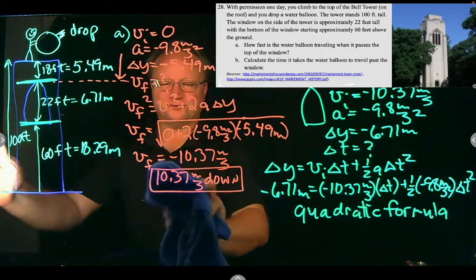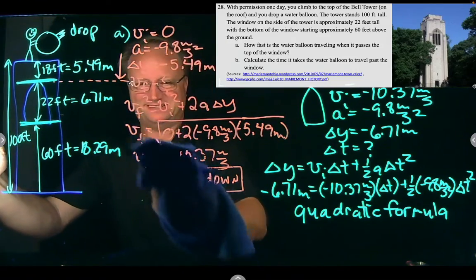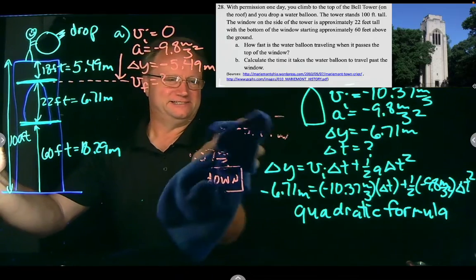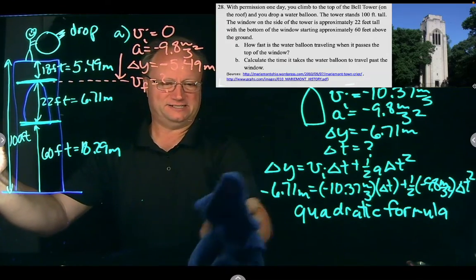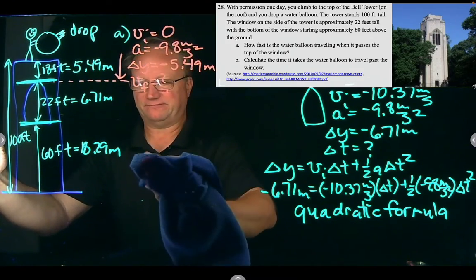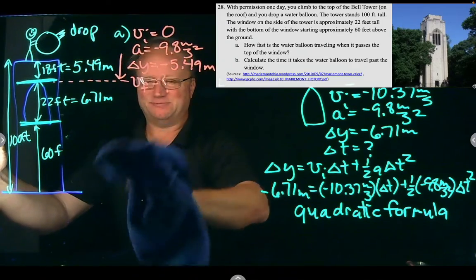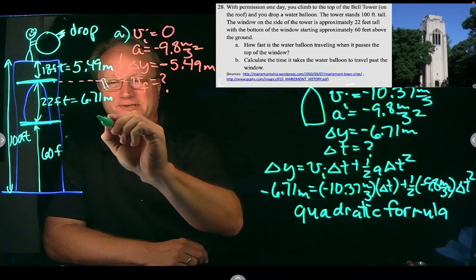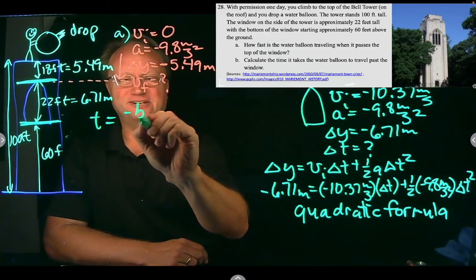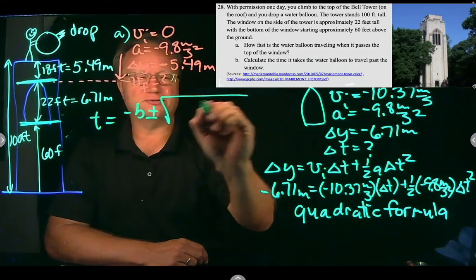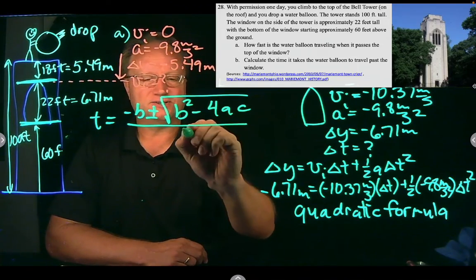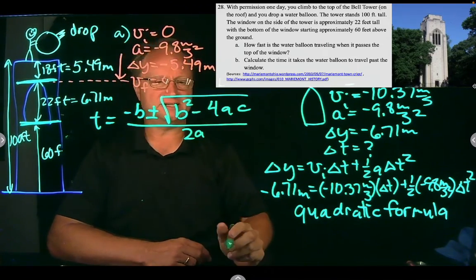Need a little more space. I need that space. Okay, so quadratic formula: negative b plus or minus the square root of b squared minus 4ac all over 2a.